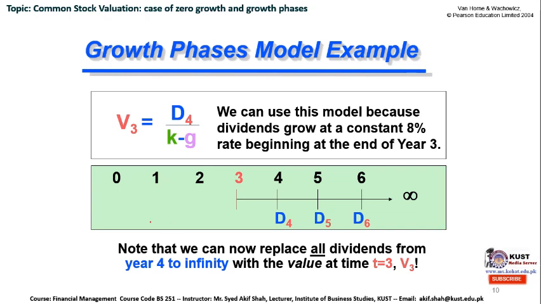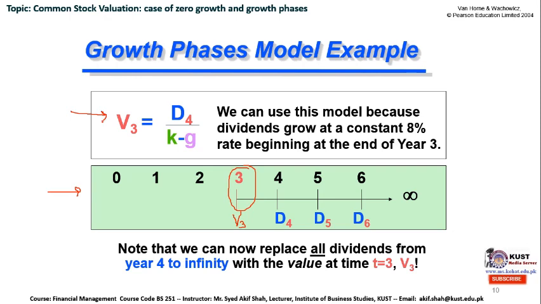So first of all, let's select the second timeline to calculate the value of this common stock at the end of time period 3. We have to find a particular value named V3, as mentioned in this formula.